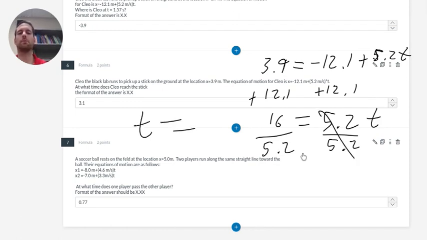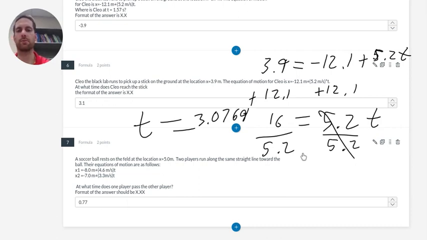Time equals 16 divided by 5.2, 3.0769. Oh, that's not what I wanted. 6, 9, and we'll stop here.